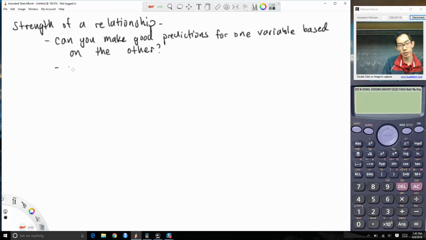Or, just another way is like, how much scatter do you see in the scatter plot?